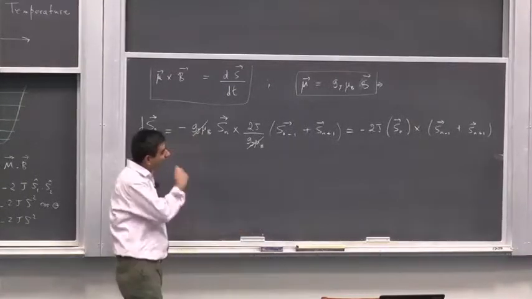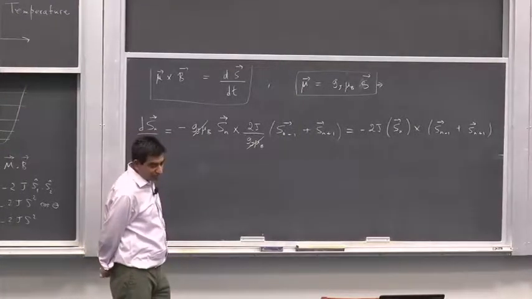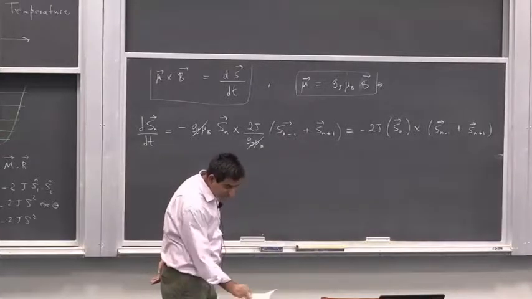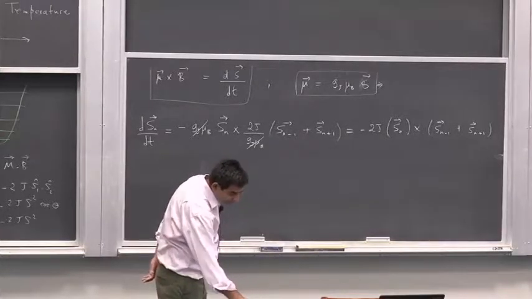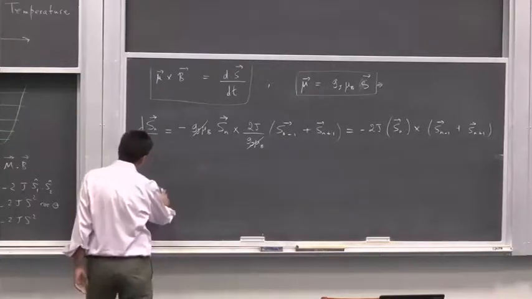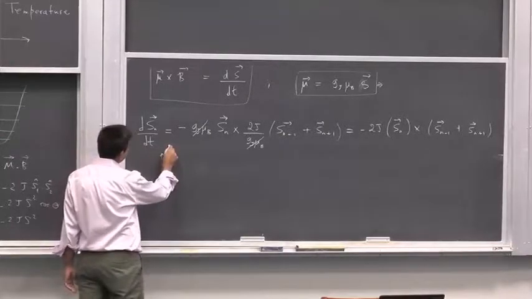Now what we would like to do is make certain simplifications. It's a nonlinear equation. It's going to be difficult to solve. So what we assume is, suppose we have a spin in its ground state pointing in the z direction.